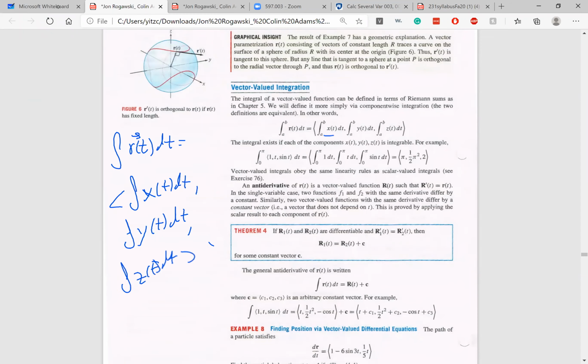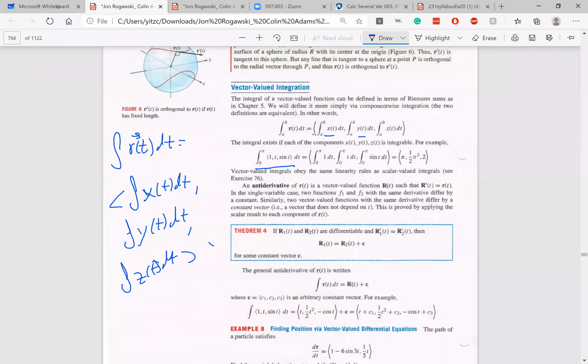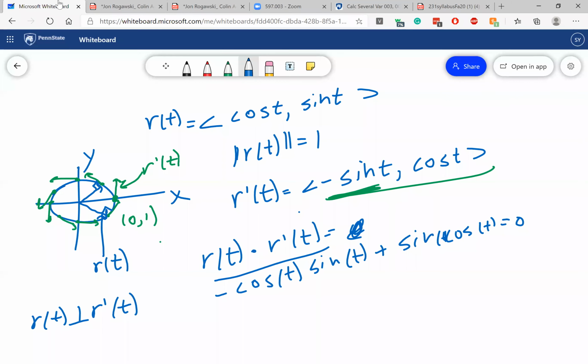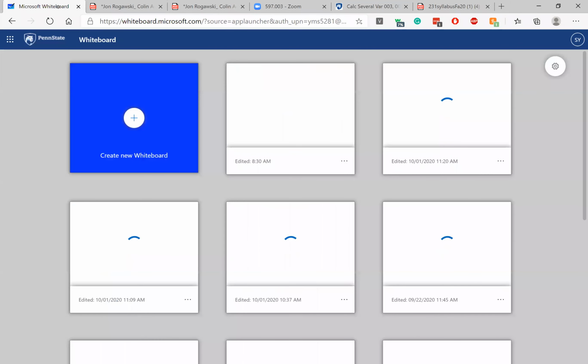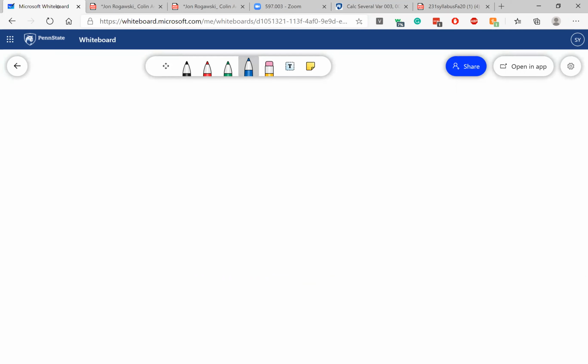So it's in each component. And then they take the integral of 1, t, and sine of t from 0 to pi.